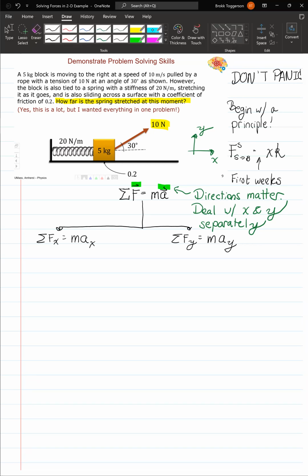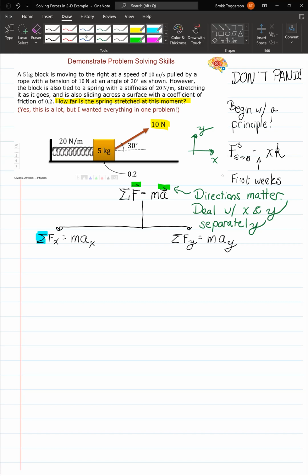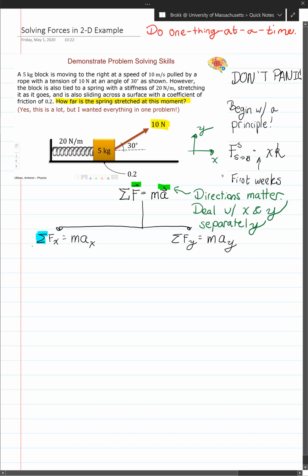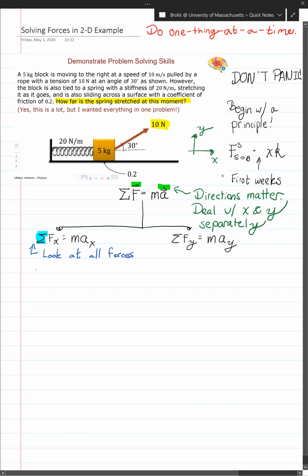I'm going to deal with the sum, like I said, but I want the colors to be consistent. What does this say? It says, look at all forces in X and add them up.